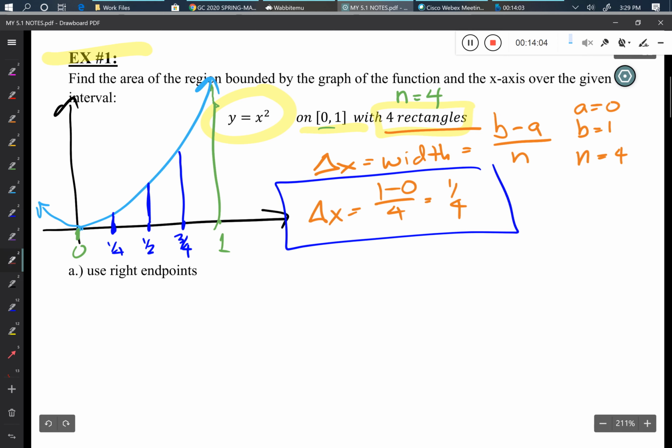Now, down here in part A of the problem, they ask us to do this using right endpoints, meaning I'm going to set my first rectangle to have this height, my second rectangle to have this height, my third rectangle to have this height, and my fourth rectangle to have that height. So some notation we're going to use here is we're going to talk about finding the right endpoints, and so we are going to do a Riemann summation with n is 4 and right endpoints.